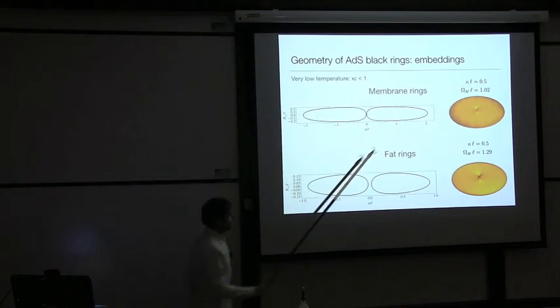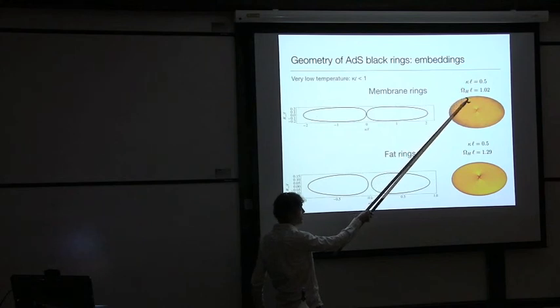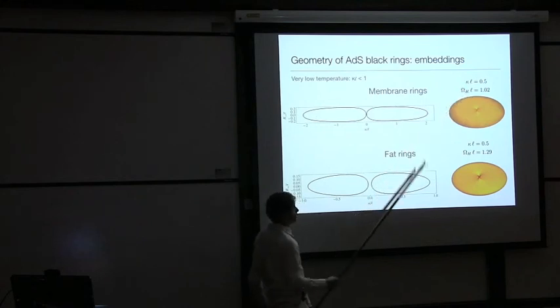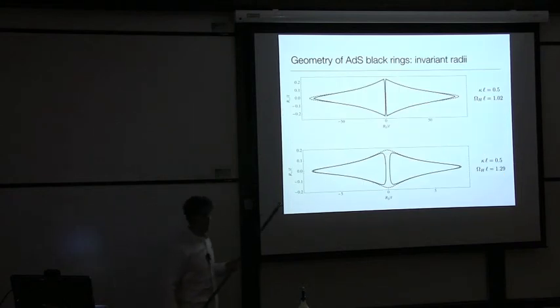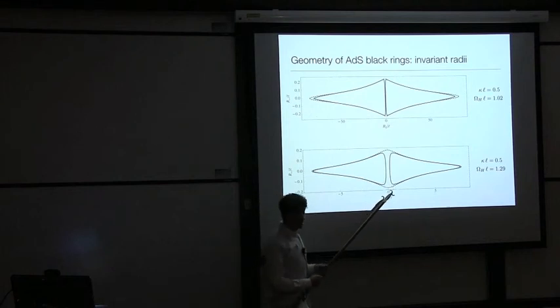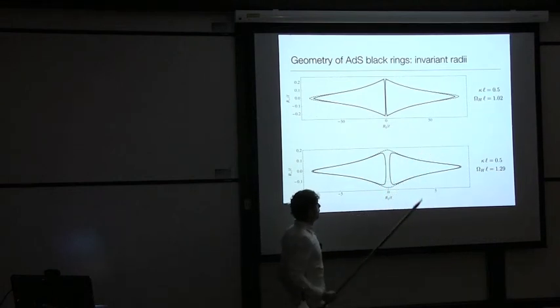But the conclusion is that at sufficiently small temperatures, as you approach this critical value of the angular velocity, rings approach a membrane. That's the same limit as the black hole in AdS approaches as you get to omega equals 1.